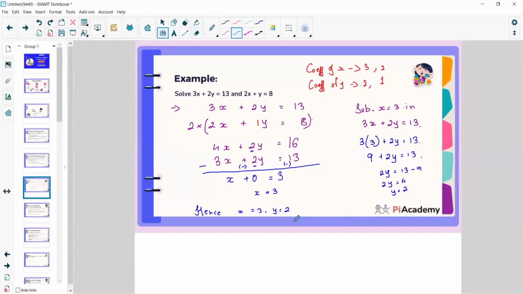So this is overall the steps to solve simultaneous equations. All right. So your approach should be simple. Your approach should be to make the coefficients same so you could eliminate one variable and find the other, and then use substitution. That's it. All right. I hope the steps for simultaneous equations are clear. Again, we will see the steps in detail when we solve some more problems as well.